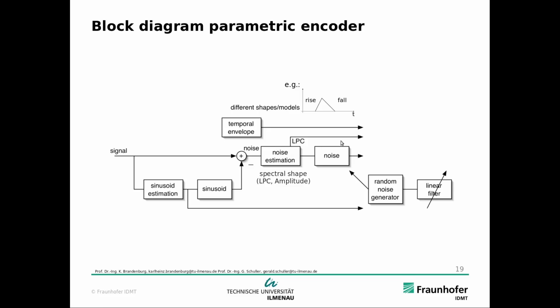Right. And finally, we also need a temporal envelope. Our flute has a start, a rise, and then also a decay, a fall. So somehow we need to represent this temporal envelope of this flute sound as parameters to the decoder.